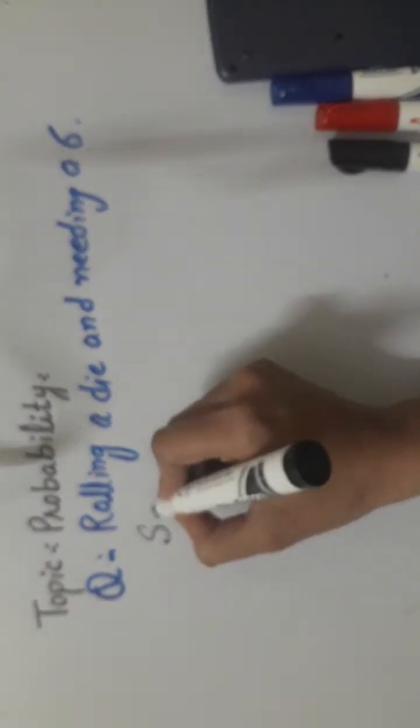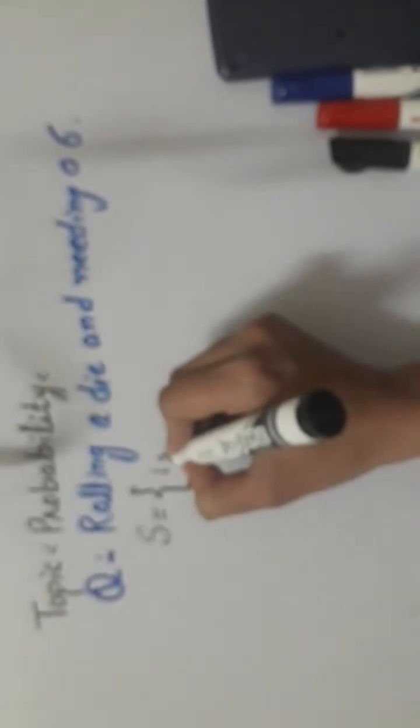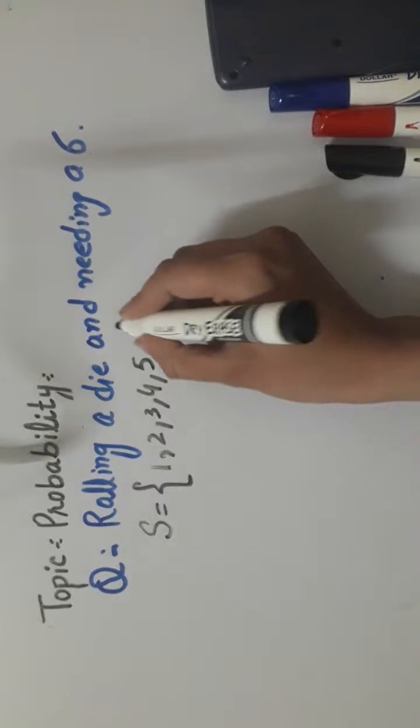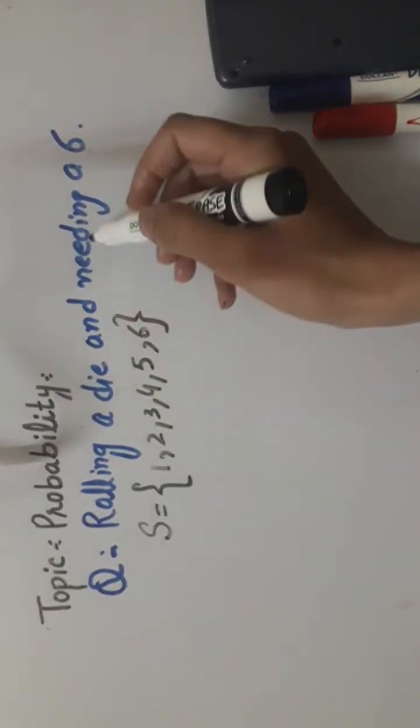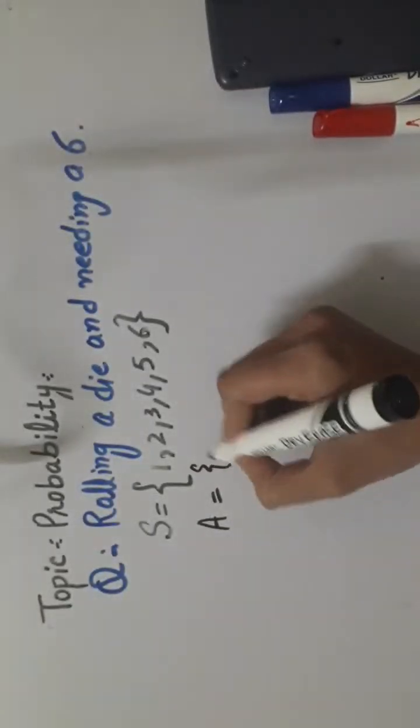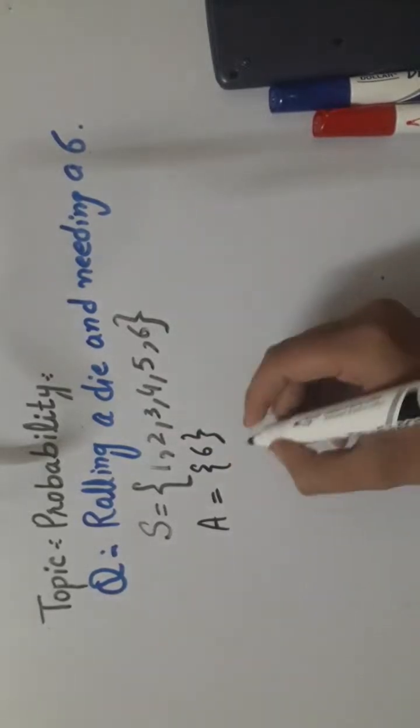First of all, you will write the sample space, that is S, and S is equal to {1, 2, 3, 4, 5, 6}. This is your sample space. Now in the question, it says that we just need 6. So event A will be equal to {6}.